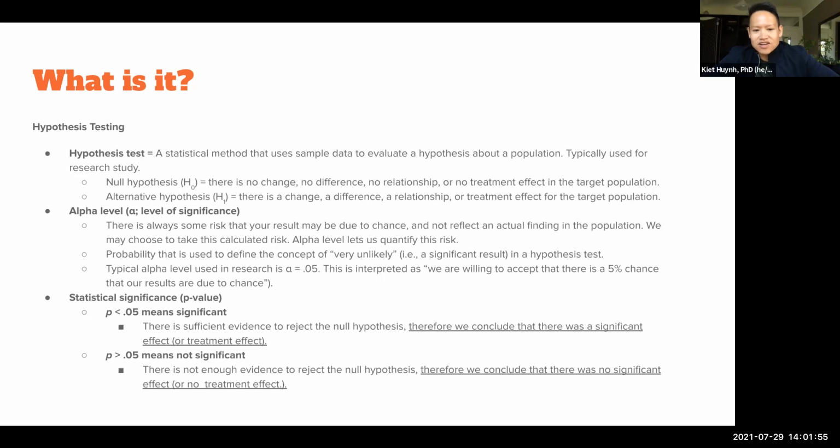Typically, very often, we use an alpha level of 0.05 in research, meaning that we are willing to take a risk and say that there's a 0.05% chance that our findings are due to chance or due to a random effect. This will become more clear later, but just know alpha level is what we as researchers select ahead of time as far as how much risk or chance we're willing to accept.